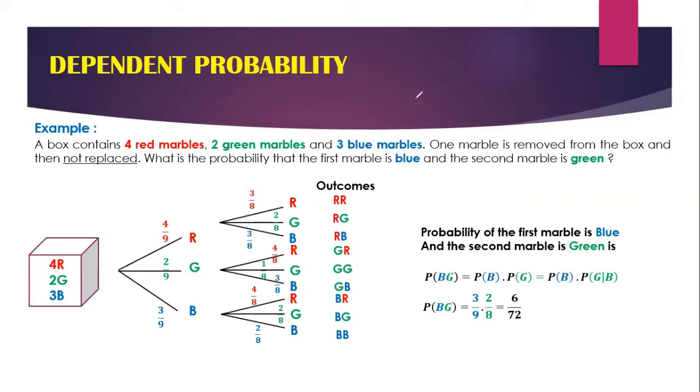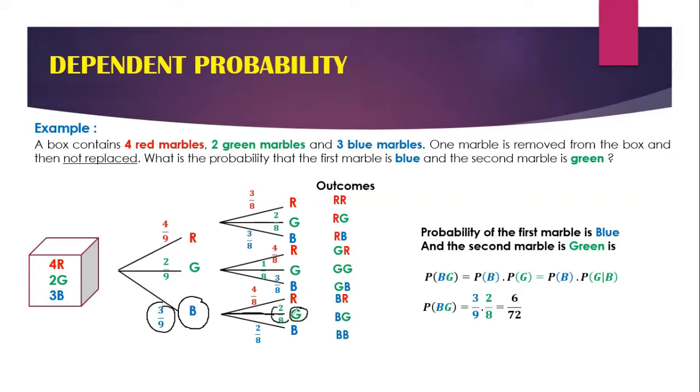I want to show you the way to find the probability of blue and green. For the first pick, here, blue, we got 3 over 9. But for the second pick, it's green.